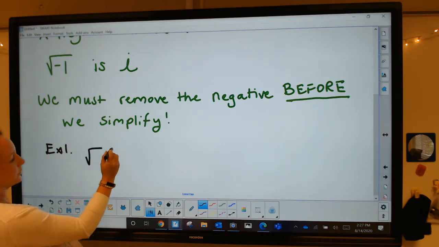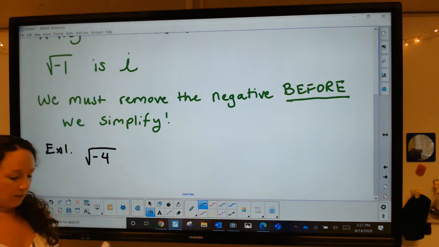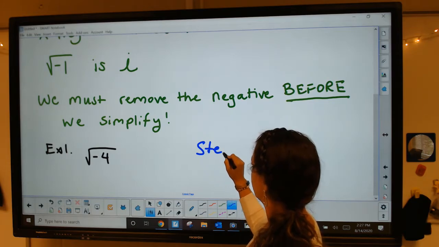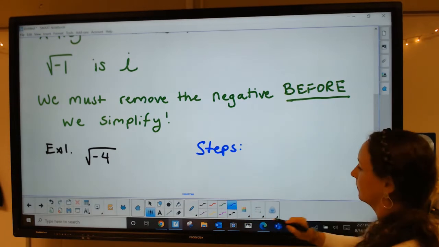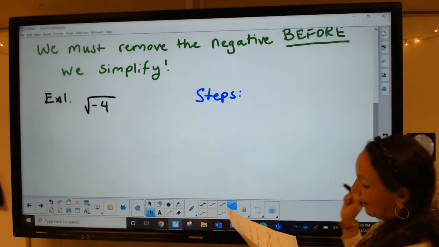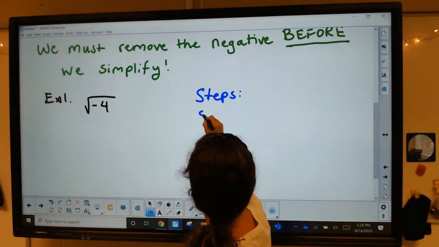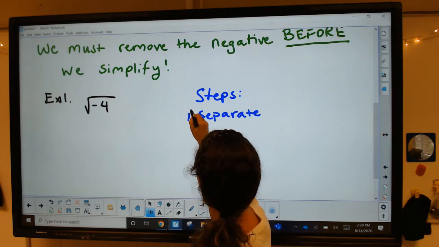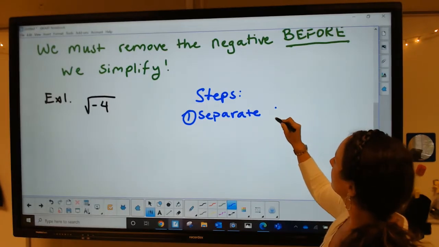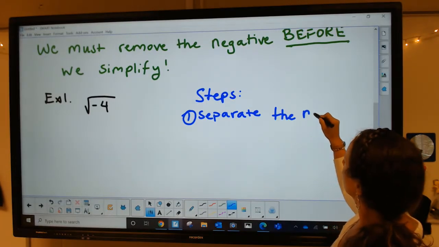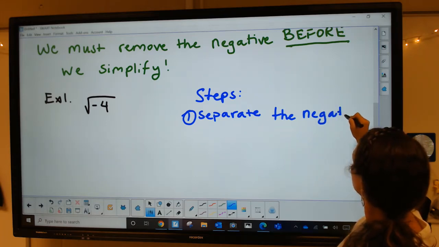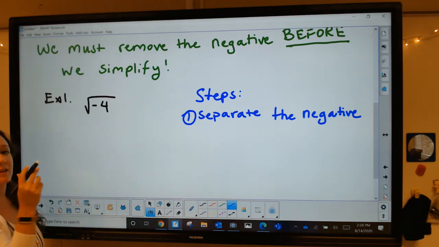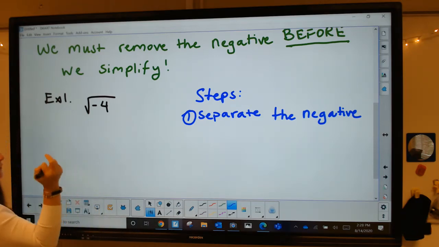I've got the square root of -4. So in our steps, the first thing we're going to do is separate the negative. So step 1, separate the negative. And what I mean by that is we're going to pretend that this -4 is not just -4, that it's two pieces.